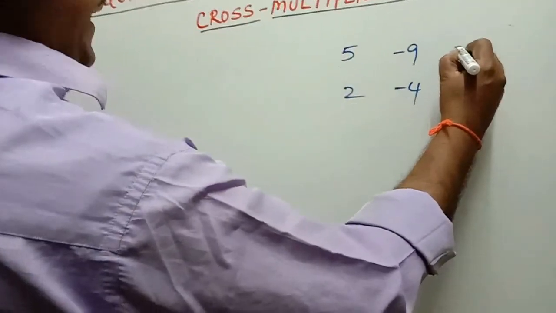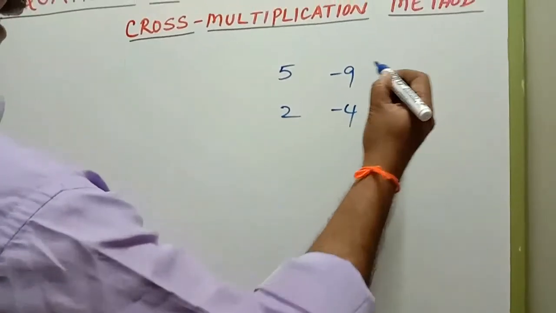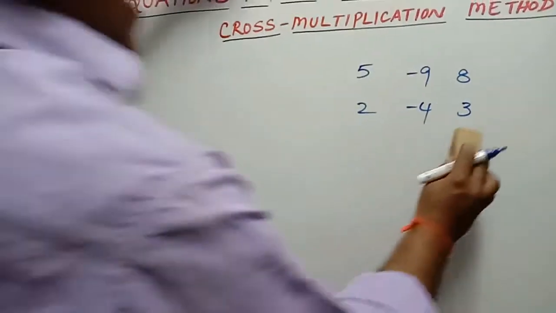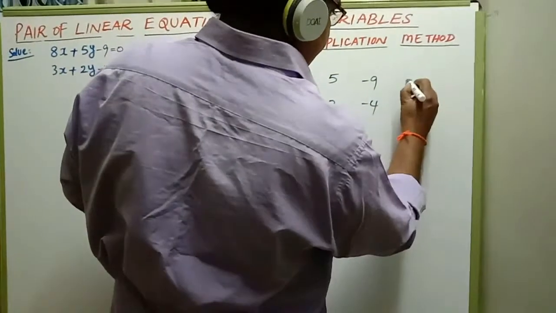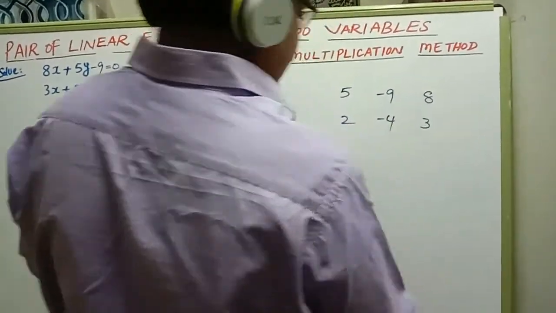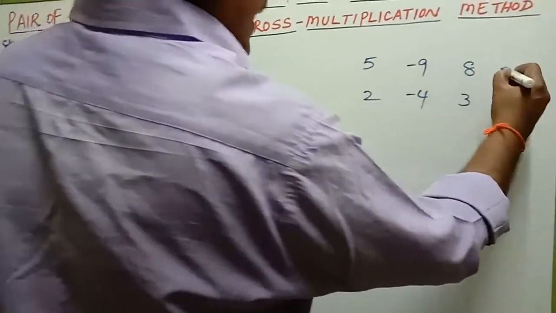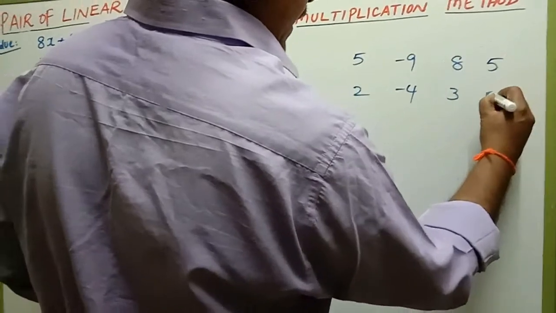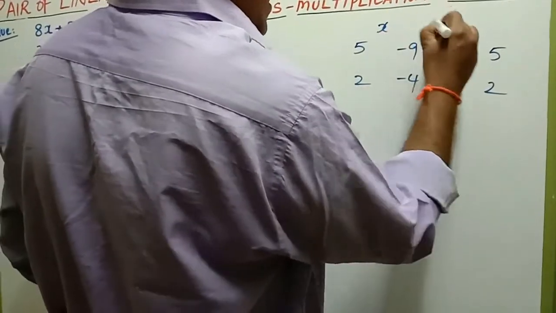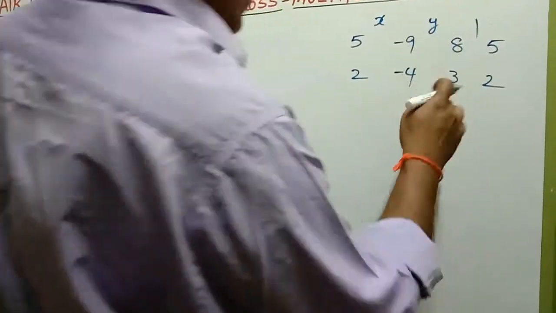Next, the x coefficients: 8, 3. These are the x coefficients. This is the y coefficient, the constant, the x coefficients, and again the same y will come, 5 comma 2, x y 1.